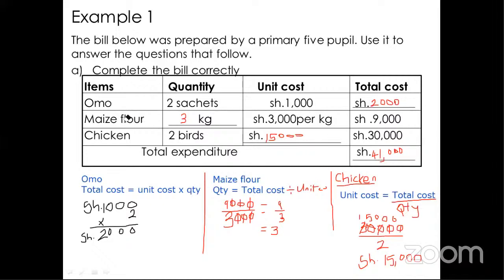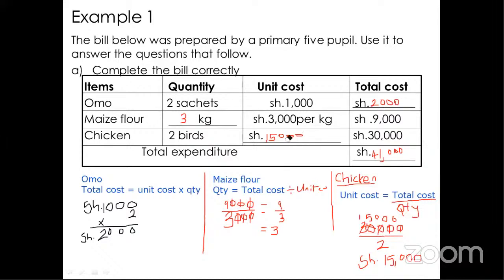Then you come to maize flour. For maize flour, the quantity is missing, but they have told you that 1 kilogram of maize flour is 3,000. Now you have used 9,000 to buy how many kilograms, which they have not given. So you come here under maize flour, you divide 9,000 by 3 to get the quantity.